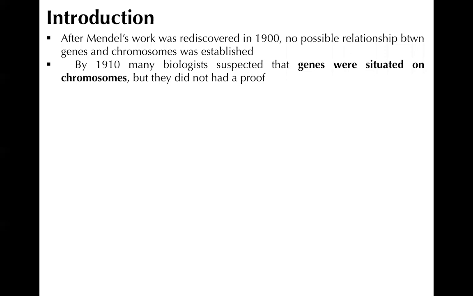By 1910, many biologists suspected that genes were situated on chromosomes, but they did not have proof. Nobody had actual genetic proof to say that genes are located on chromosomes.